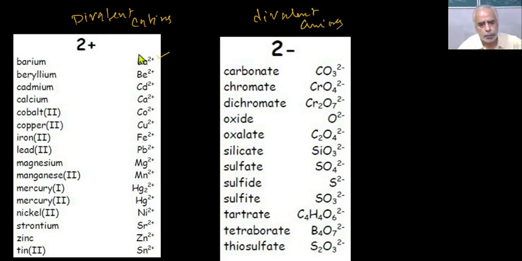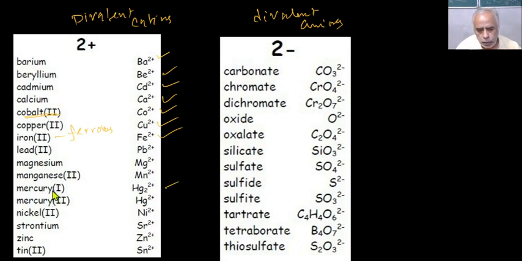Now barium 2 plus, beryllium 2 plus, cadmium 2 plus, calcium 2 plus, cobalt 2 plus, and usually these charges can be represented as Roman numerals within brackets. So cobalt 2 plus, copper 2 plus, iron 2 plus, and iron 2 plus can also be called ferrous. In olden days, they used to call it ferrous. Then lead 2 plus, magnesium 2 plus, manganese 2 plus, mercury 2 plus, etc.